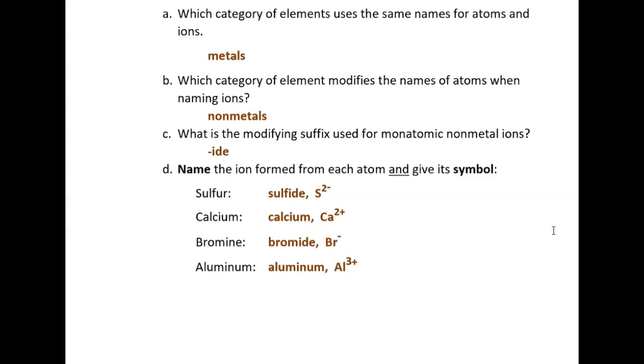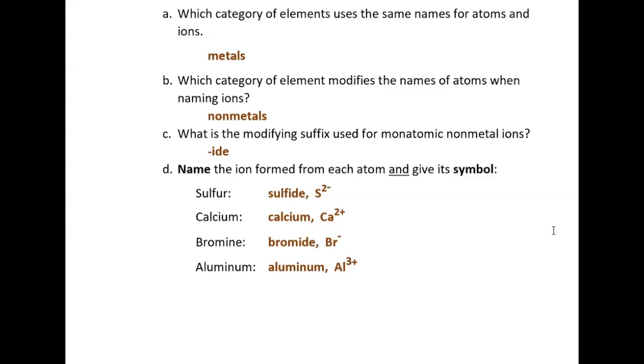Next, a calcium atom. Calcium is a metal. It's in group 2A of the periodic table. A calcium atom has 2 valence electrons. It fairly easily loses those 2 valence electrons, resulting in a more stable particle, because after losing the 2 electrons in its outer energy level, the calcium particle will have a new outer energy level that is completely filled with electrons, and that's a more stable situation.